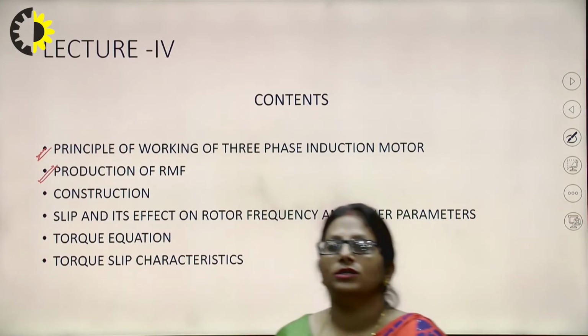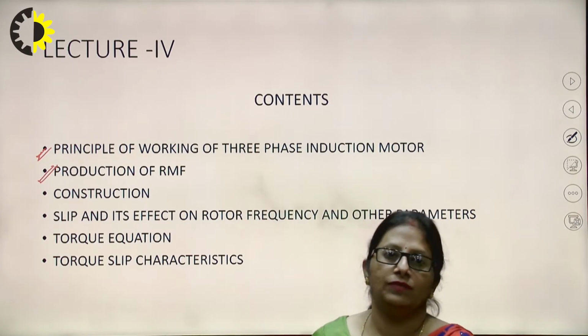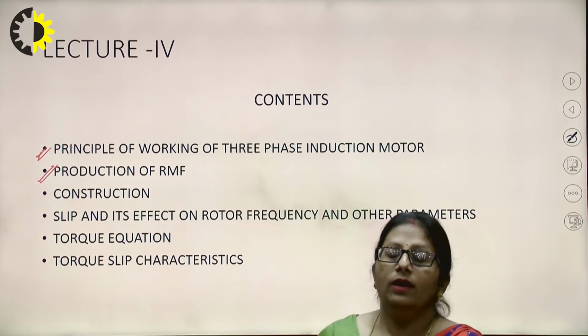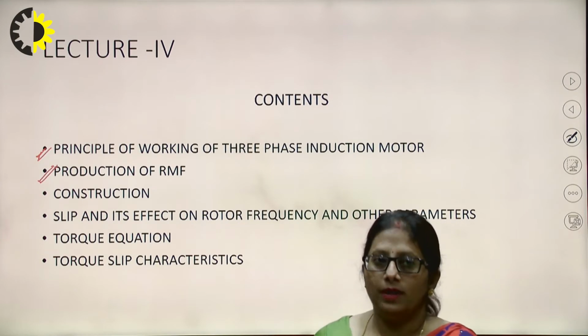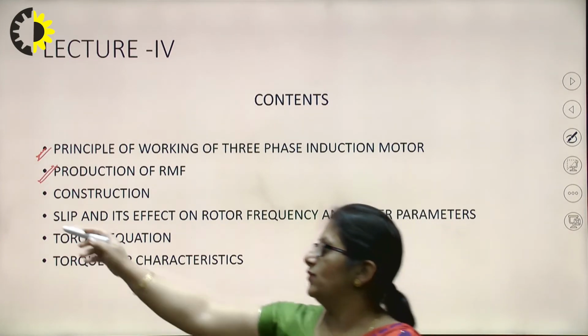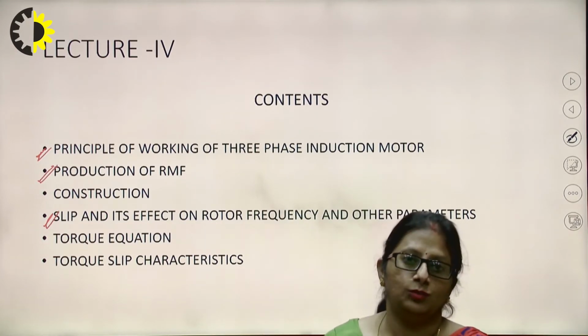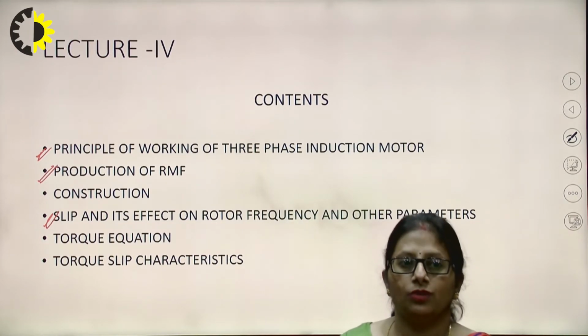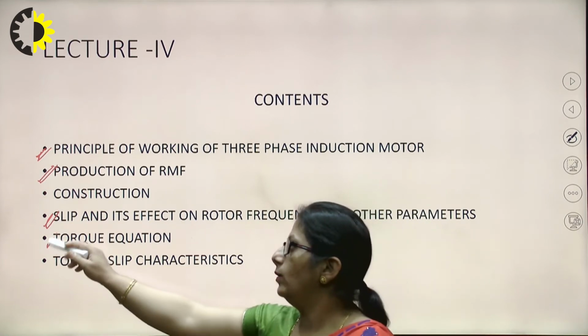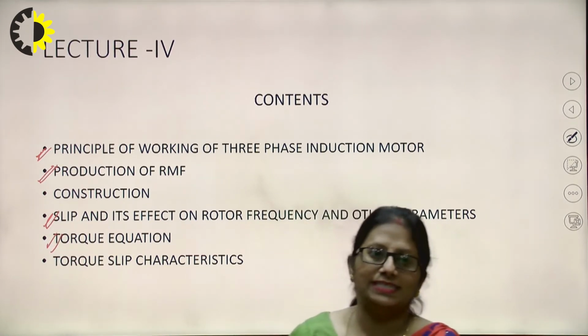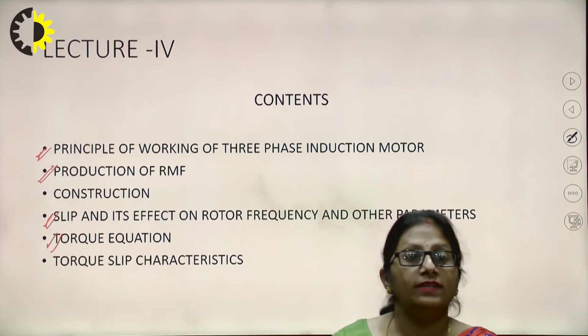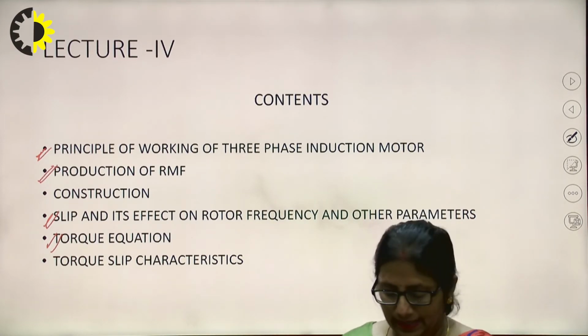Then the construction of the 3-phase induction motor, what the stator part is and what the rotor part is. Then the slip and its effect, and the torque equation for a 3-phase induction motor. It is an induction motor, so obviously the torque equation is very important, and how this torque varies with the slip, or the speed in turn. We'll be seeing that.